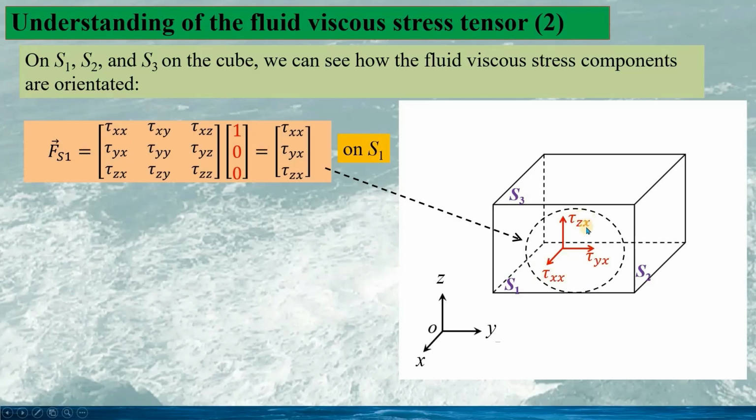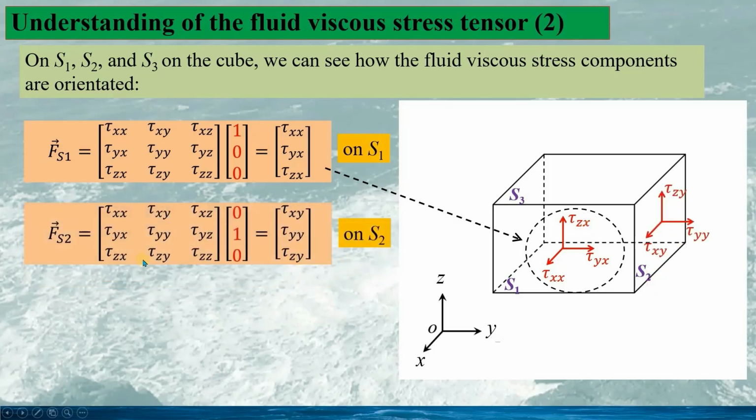and tau zx. Similarly, we can draw the stress force on S2. So we will have tau xy, tau yy, and tau zy. Again, we can see the first subscript x, y, z indicating the direction of the stress tensor.